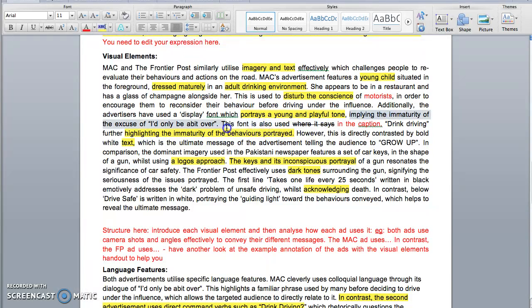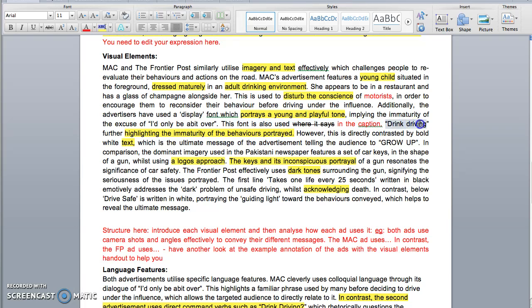It's used ironically to criticize people who use childish excuses to excuse abhorrent behavior. So the font is reinforcing that emotional connection between the target audience and the message, which is that people who drink drive are immature and childish, and you will be socially excluded if you do this, because it's unacceptable behavior.